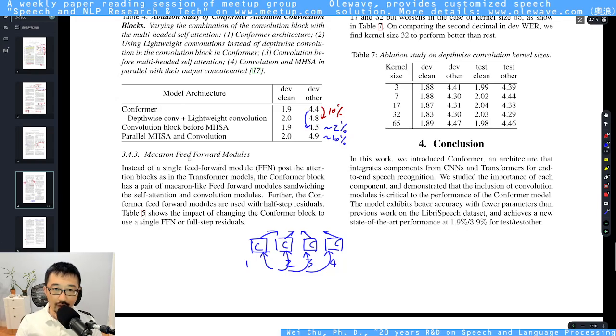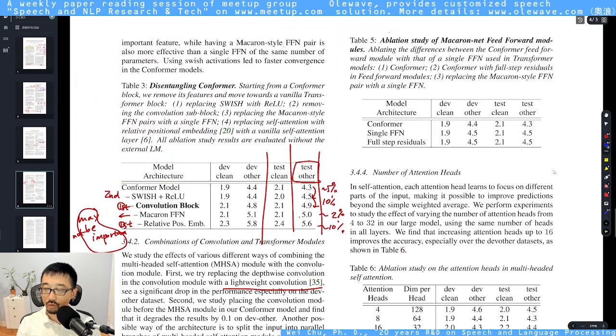Regarding the Macaron feed-forward module, I think the result is interesting. Although the author didn't give the reasons, let's look at the test-other again, because I think you can only tell the difference from here. This is like 5%. Yeah, both a 5% reduction. So this is definitely significant. First of all, you shouldn't use just one single FFN.